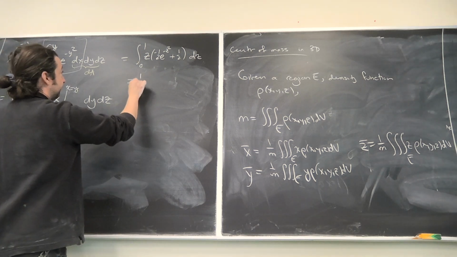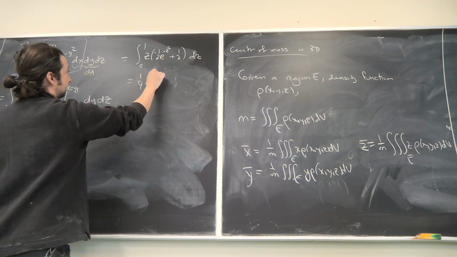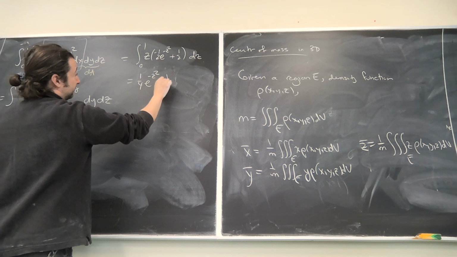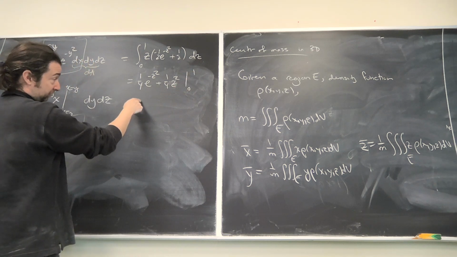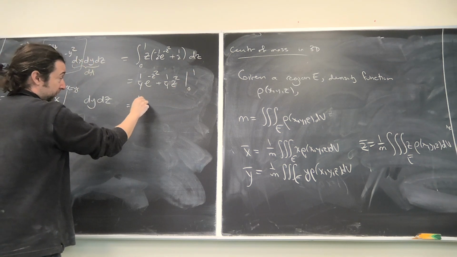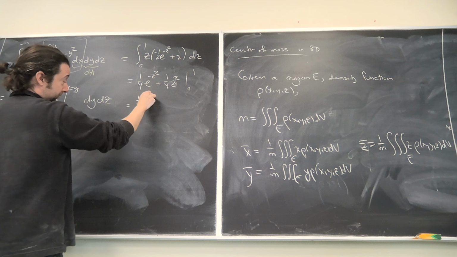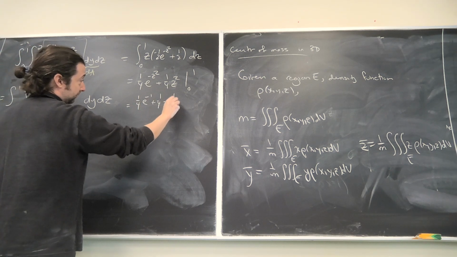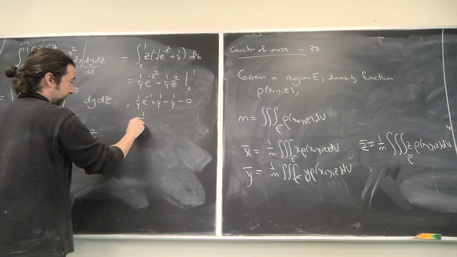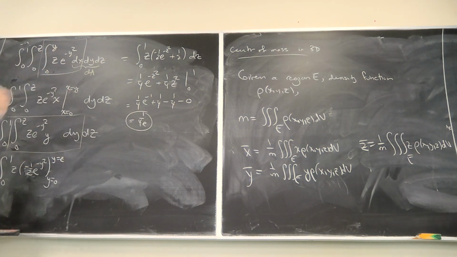So this is 1/4 of e to the minus z squared plus 1/4 of z squared evaluated from 0 to 1, which is 1/4 e to the minus 1 plus 1/4 minus 1/4 minus 0, which is 1/4e, I think.